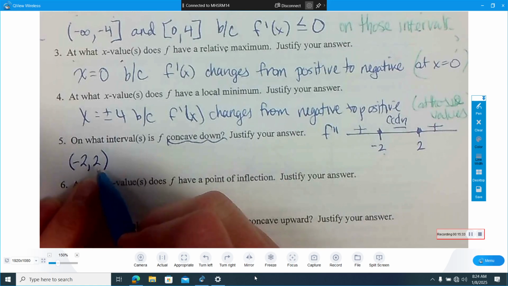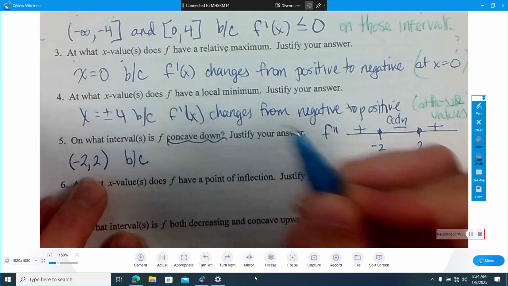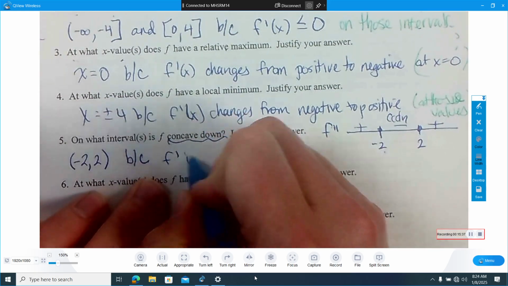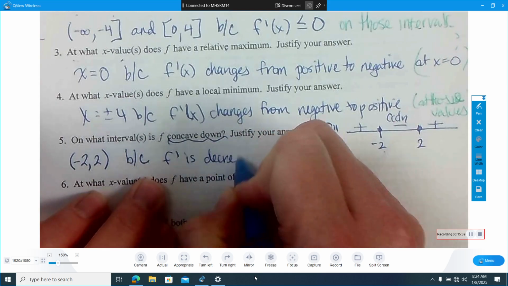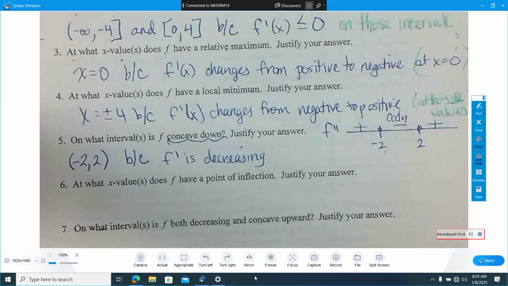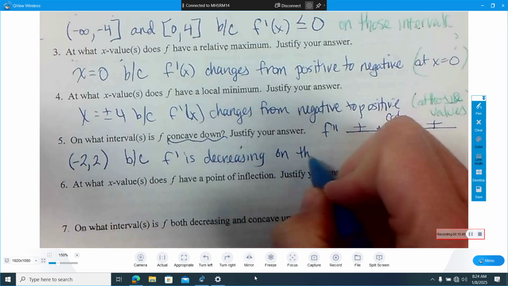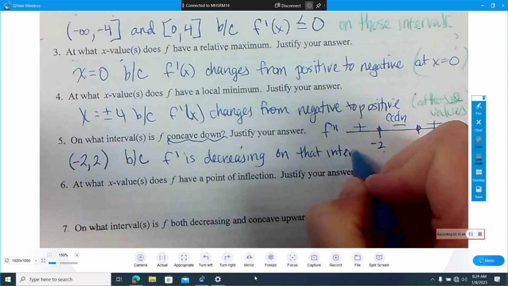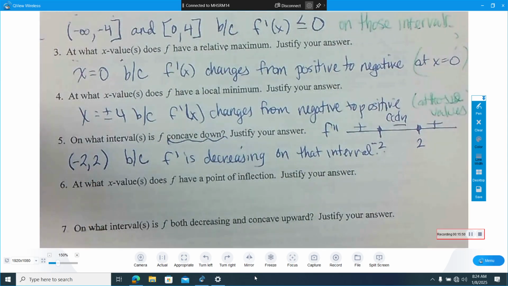So on the interval from -2 to 2, because f prime is decreasing on that interval will probably be the best result.